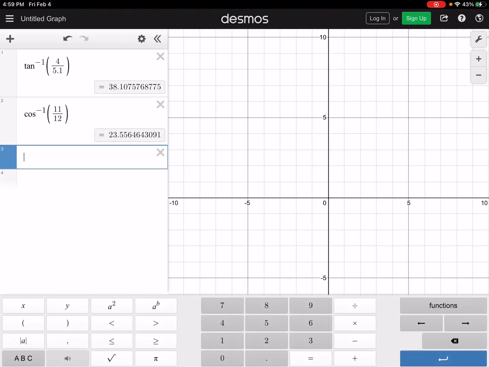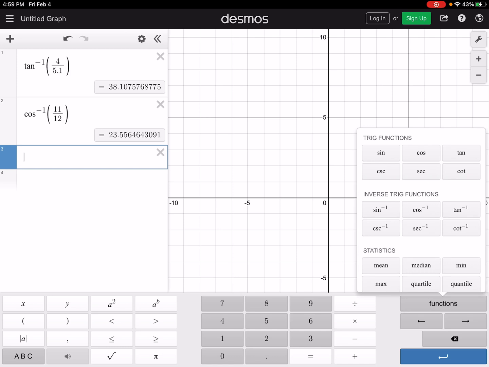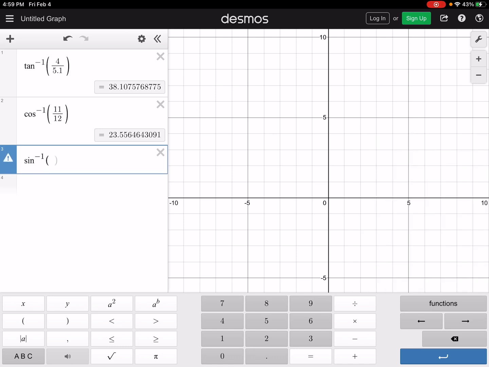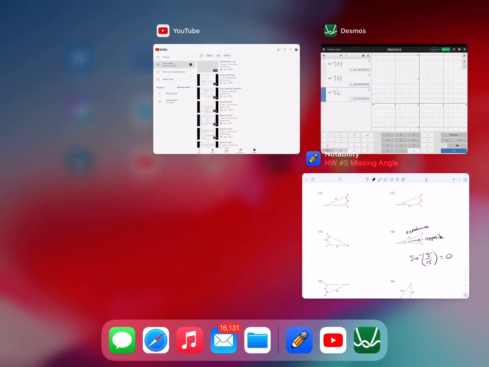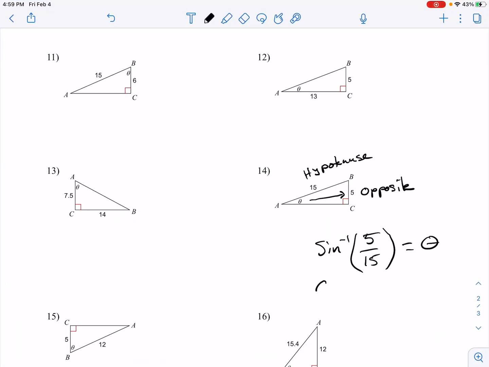Sine inverse of 5 over 15, so about 19.5. The 7 tells the 4 to go up, so that's about 19.5. So the angle is about 19.5.